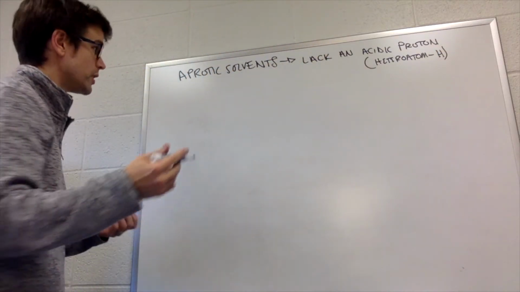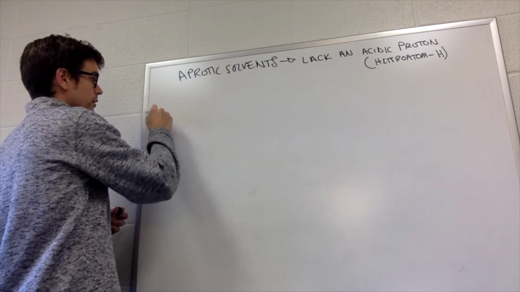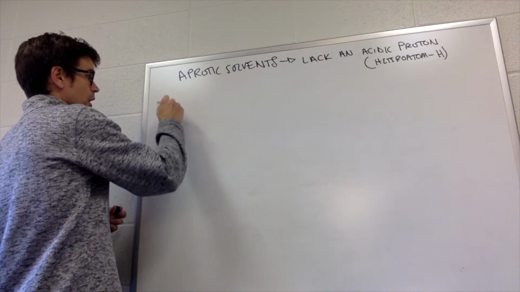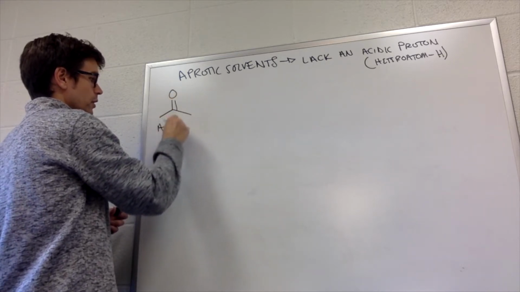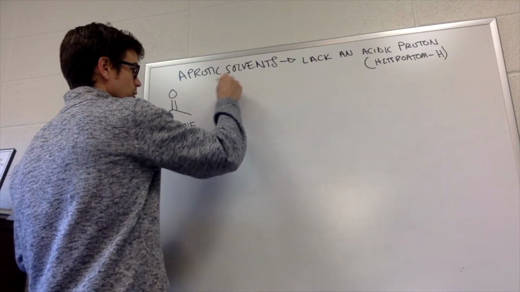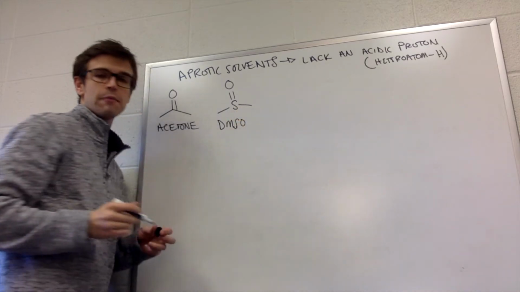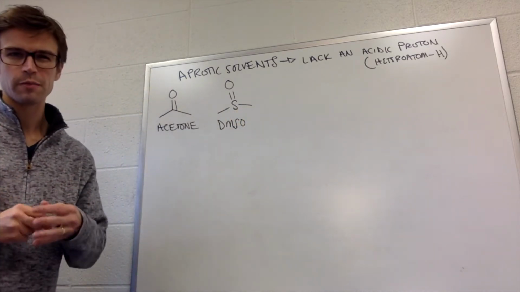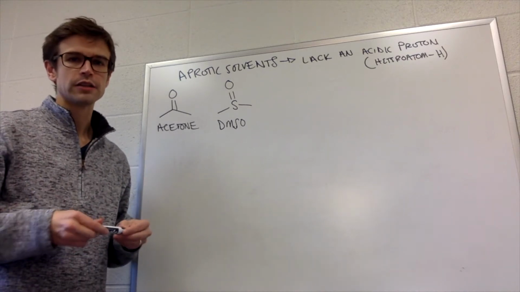So what's an example of an aprotic solvent? One example is acetone. So this is acetone. Another example would be dimethyl sulfoxide. This is DMSO, dimethyl sulfoxide. That's the one that the book uses, I'd say, the most often in its reactions.